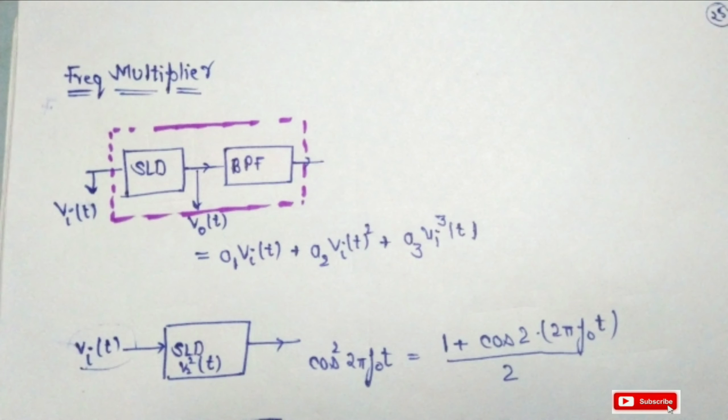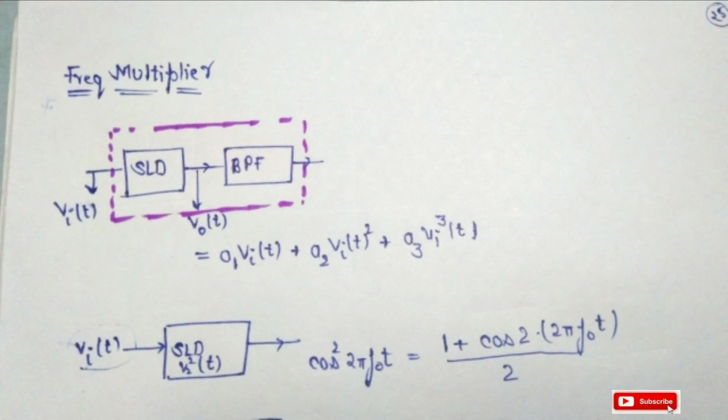If we discuss the frequency multiplier, it is a square law device followed by a band pass filter. As we discussed earlier about the square law device, the output of the square law device is a summation of the input term with increasing powers. Let us assume the square law device operates as a square. If we provide input v_i(t), then we know that the input is basically a cosine signal.